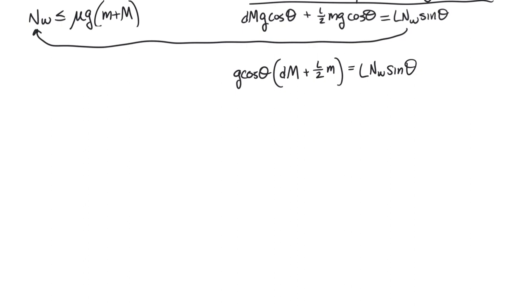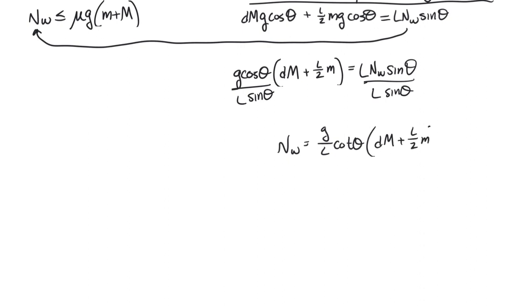So I can divide both sides by sine theta. Divide both sides by L. And that leaves me with normal force from the wall equals g over L cotangent theta times dm plus L over 2 M. Not pretty, but that's what we got.